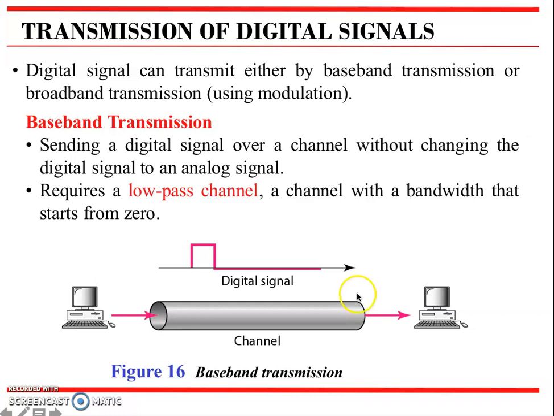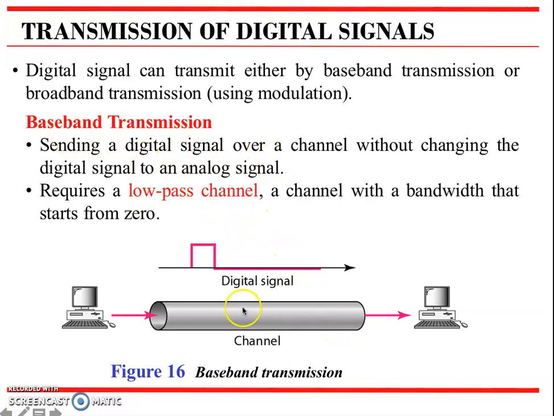So baseband transmission kat sini adalah sending a digital signal over a channel without changing the digital signal to an analog signal. So bila dekat sender ni kita ada digital signal, kita hantar terus je dalam bentuk digital signal. Kita tak ada ubah dia jadi analog signal. Itu bermaksud we are using baseband transmission.